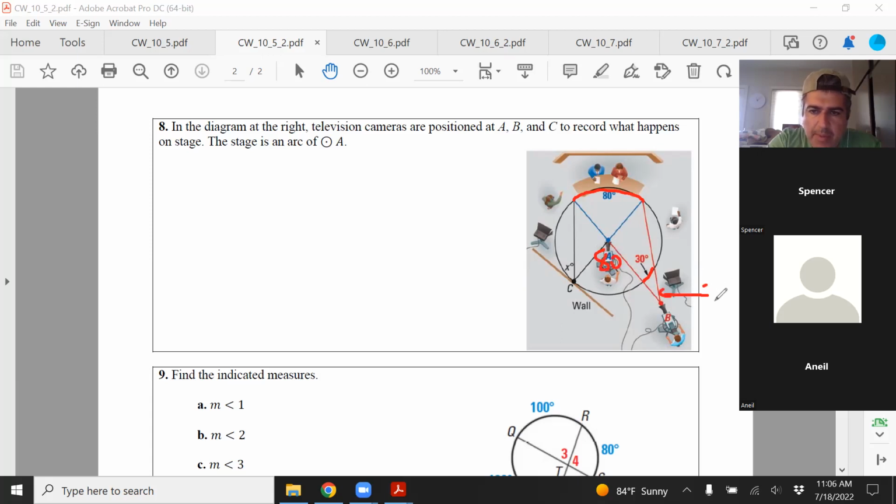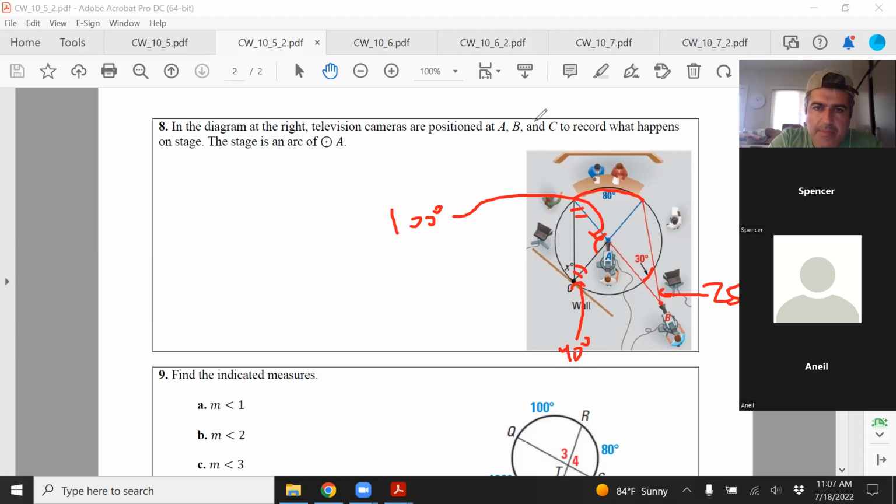This would be 25 degrees, by the way, because you do 80 minus 30 and then half. So this is 80. And just to not make this too busy, that's gonna be 100 right here. Okay. So it means that this is 40. And that's 40. And that makes sense because 40 is half of 80. So that makes sense, okay.